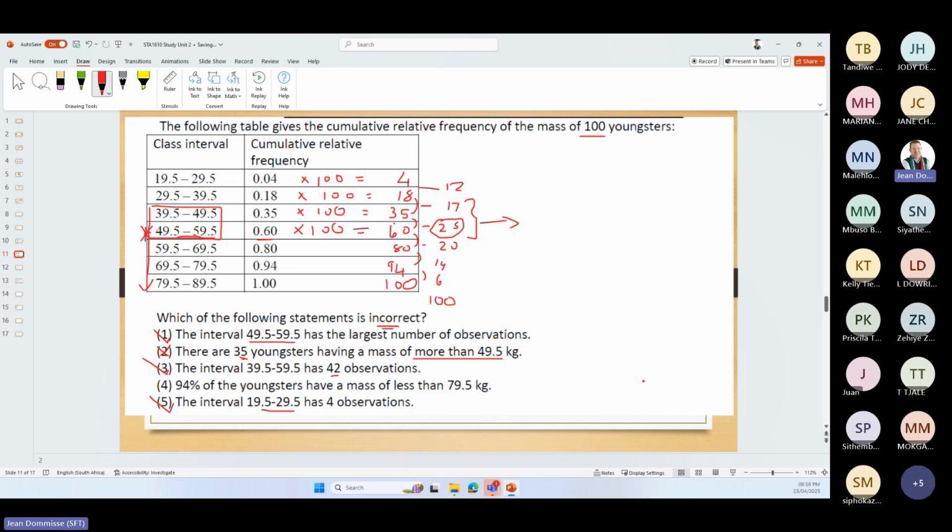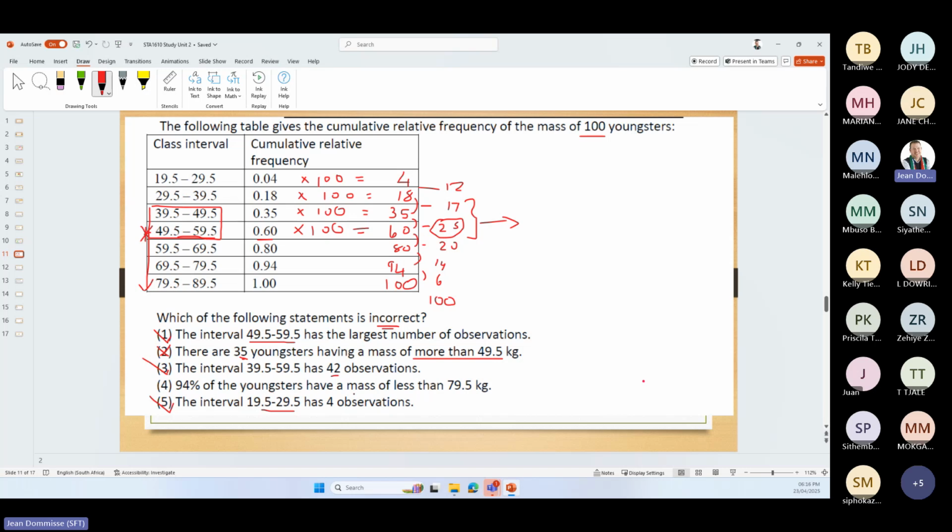You could have also said 60 minus 18 will give you 42. So there's, again, two ways to work it out. You could have said the 17 plus the 25, so those two frequencies give you the 42, or you could have said, okay, the cumulative frequency at that point minus the cumulative frequency at that point will also give you 42.